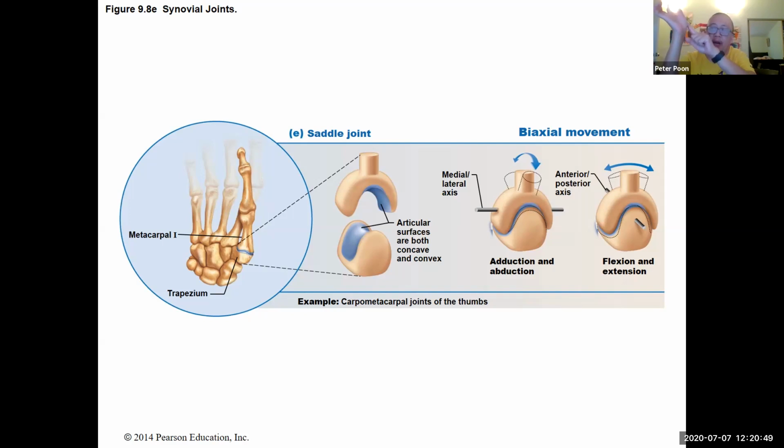This is metacarpal 1, and this is actually the trapezium. So it's actually called the trapezium metacarpal joint. This is the saddle joint.